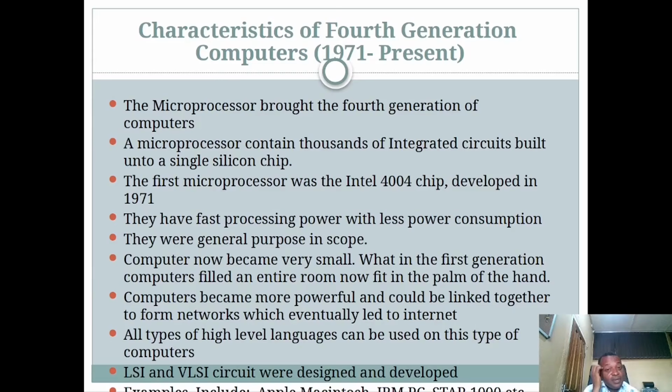After third generation computers, we now have fourth generation computers. Remember, we have first, second, third, and fourth.